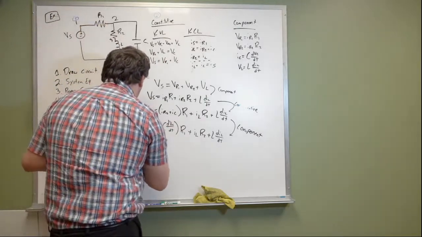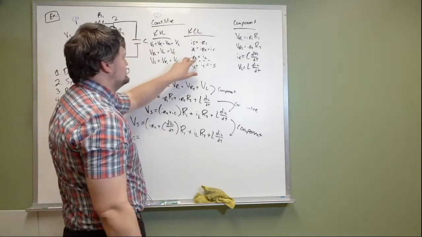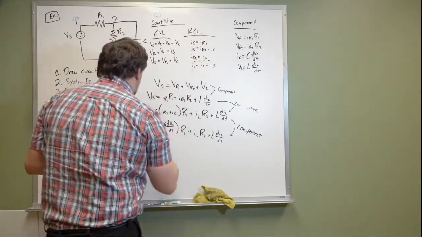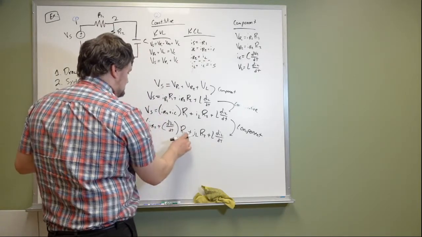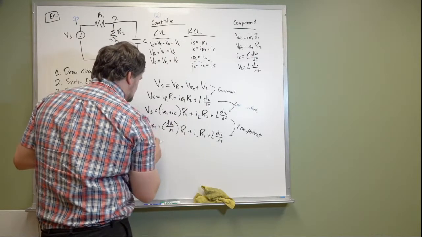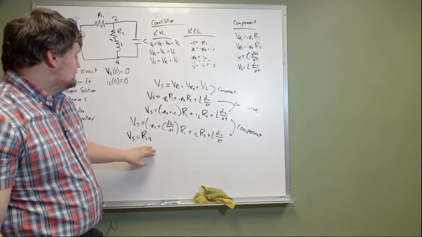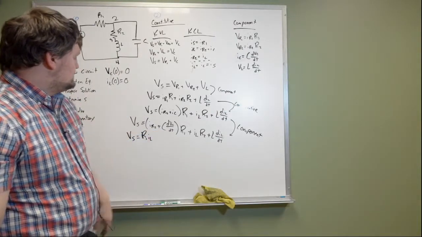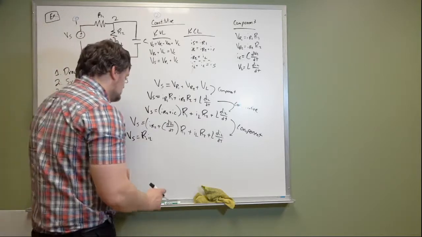Okay, so VS is equal to, and I can take IR2 and just go straight to IL. That's another constitutive equation. I'm going to go ahead and factor this out, so it'll be R1 times IL, which you'll notice is, well, it is. That's what it is. It's that piece.